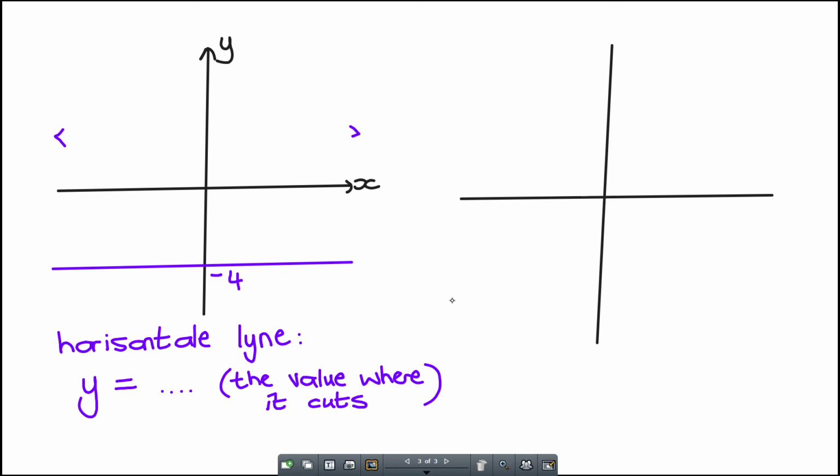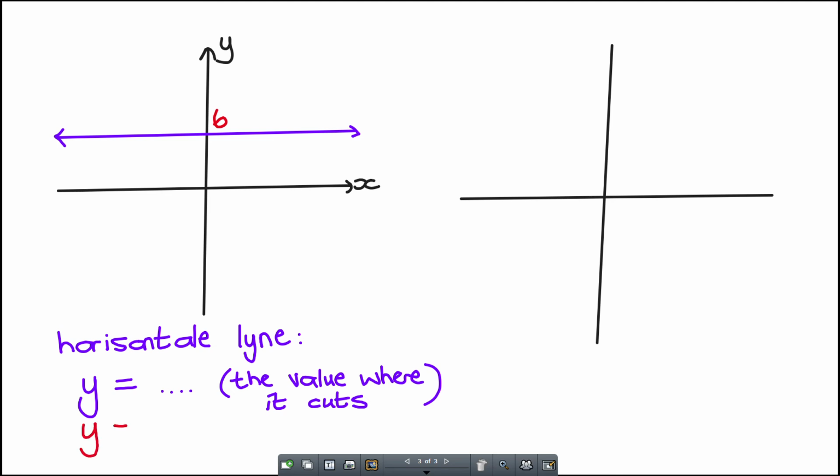Dis dit, nee? Dit is dan sy vergelyking. So kom ons sê, ons maak hom maar gou 6, en dan sê ons, y is gelyk aan 6.